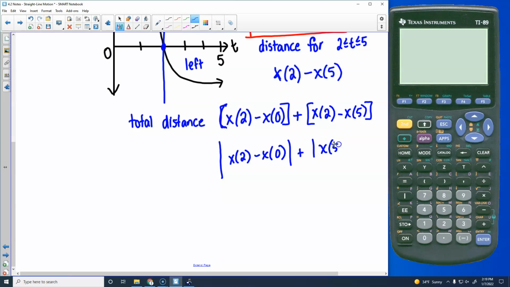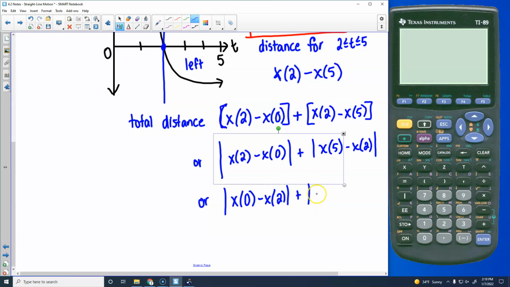You could do x of 5 minus x of 2. I could also do the absolute value of x of 0 minus x of 2 plus the absolute value of x of 2 minus x of 5, if I wanted to. Because when you put absolute value bars, even if you do get a negative, it's going to make it positive.